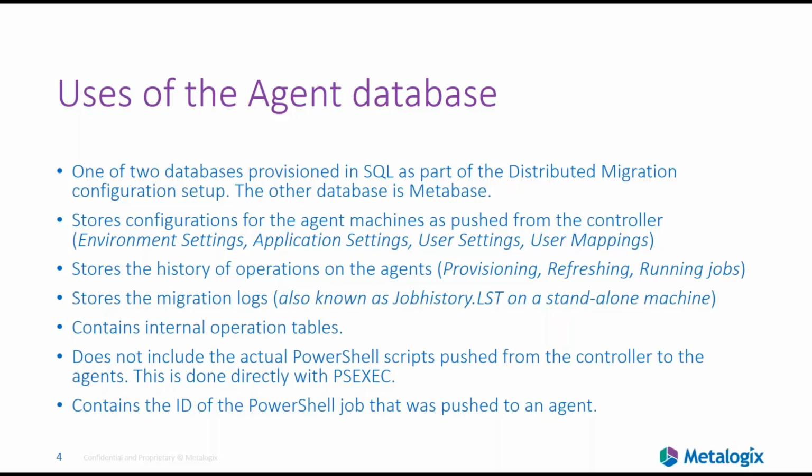In this paradigm, you would not do that because you don't run Content Matrix with the user interface. Those updates would be applied on the next run of the next PowerShell script. Also, the database would contain the ID of the PowerShell job that was pushed to the agent.